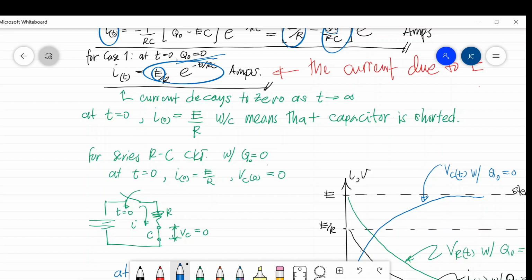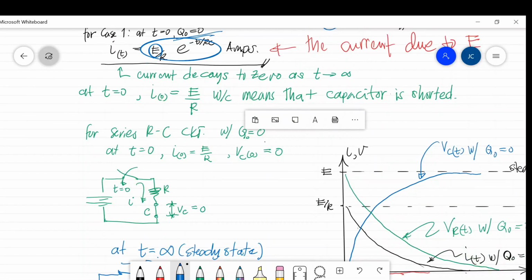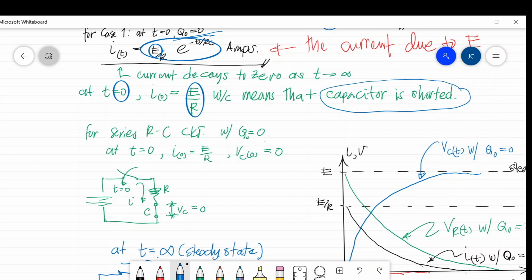This current decays as time approaches infinity. And at time 0, this current is E over R, which means that at time 0, current is E over R and the capacitor is shorted.